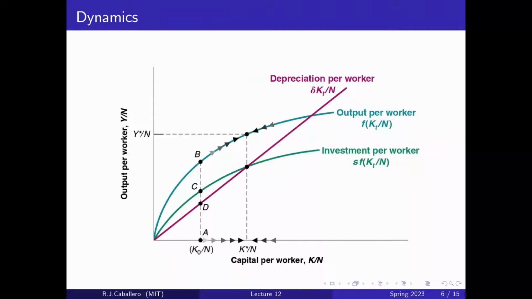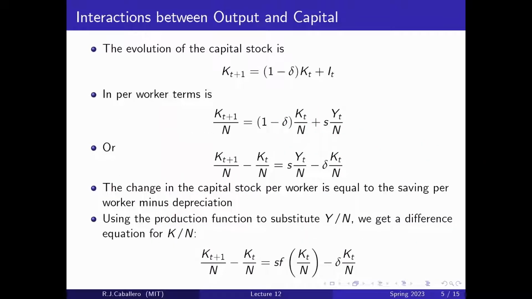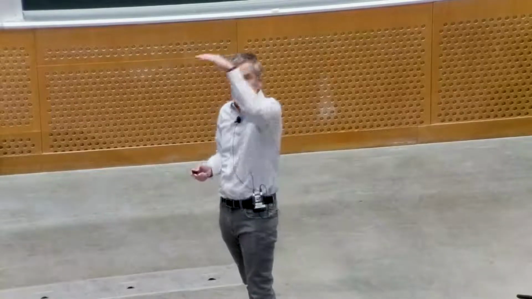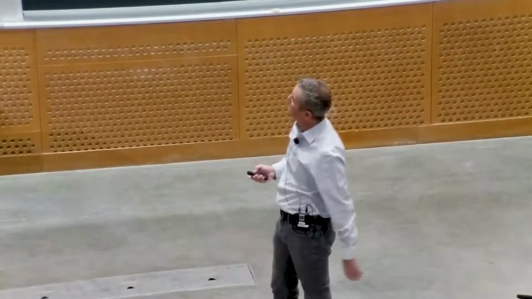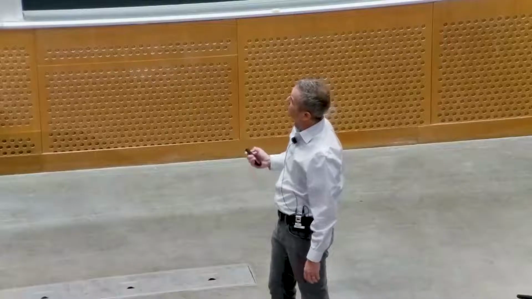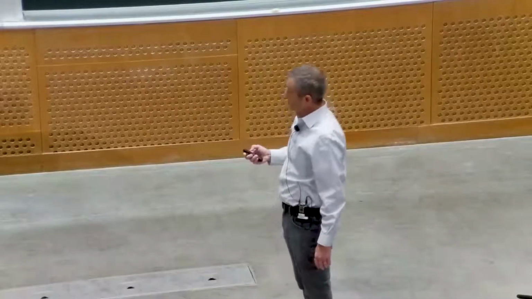I'm replacing all these functions by a specific example, one in which this is a square root of k over n. That's a concave function, the square root. Good.